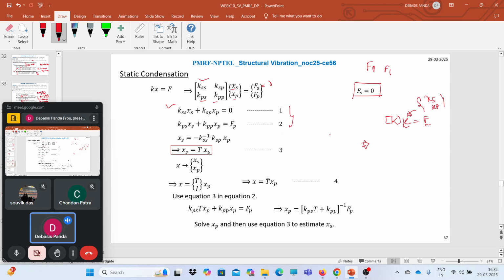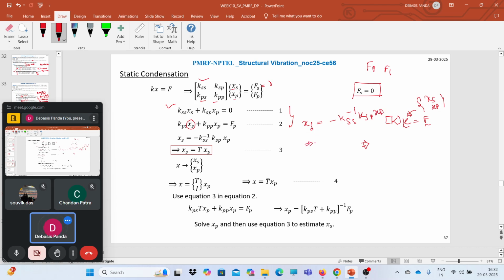Two sorts of equations. Now from here, what is XS, the secondary degrees of freedom, in terms of the primary degrees of freedom? That will be minus KSS inverse KSP into XP.